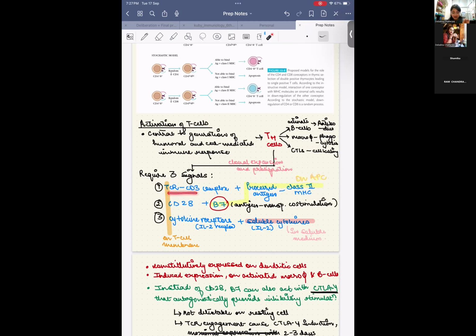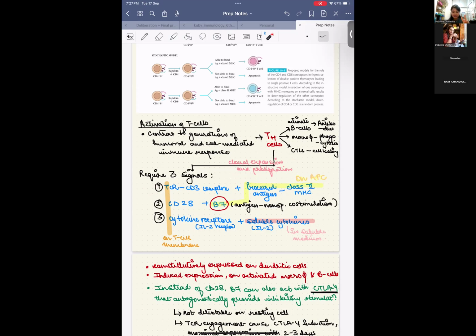So TCR CD3 of your T cell membrane and processed antigen with class 2 MHC from your antigen presenting cell. These two interactions give the first signal for your T helper cells to eventually get into expansion.